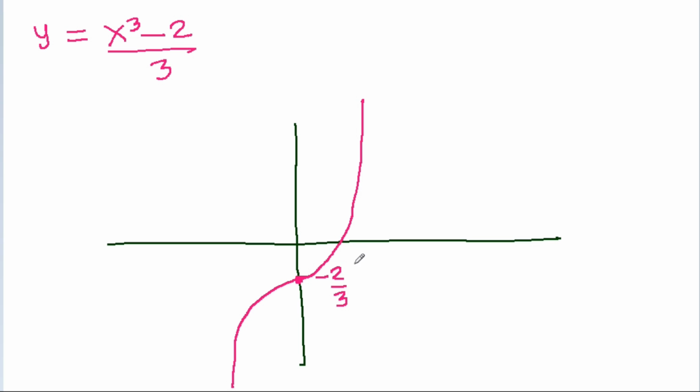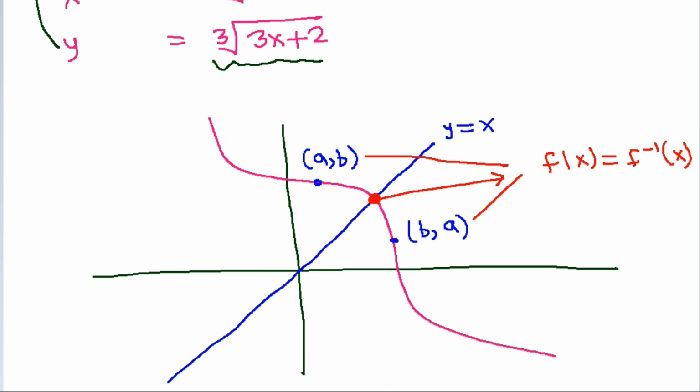And the graph of y is equal to x will be like this. In the negative direction, it may touch the graph or cut the graph also, we don't know. But we can clearly see that this graph is not symmetric about the line y is equal to x. That means we cannot get these types of points (a, b) and (b, a).